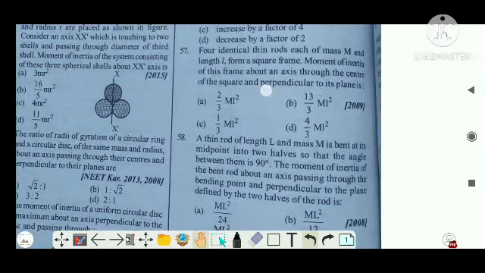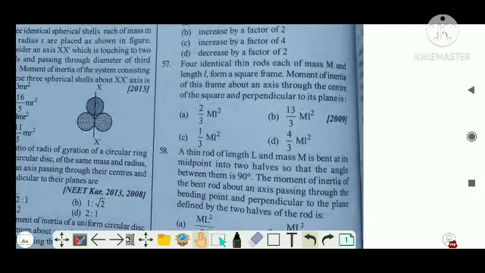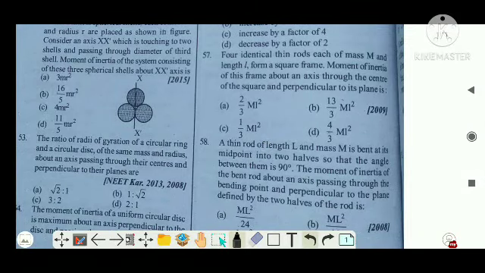So you are given 3 shells here. You are asked the moment of inertia of the total system. This much clear? Now let us name these shells, guys. Let us name this shell as 1, this is 2, and this is 3. Now the moment of inertia of shell 1. This axis is passing through it as a diameter.